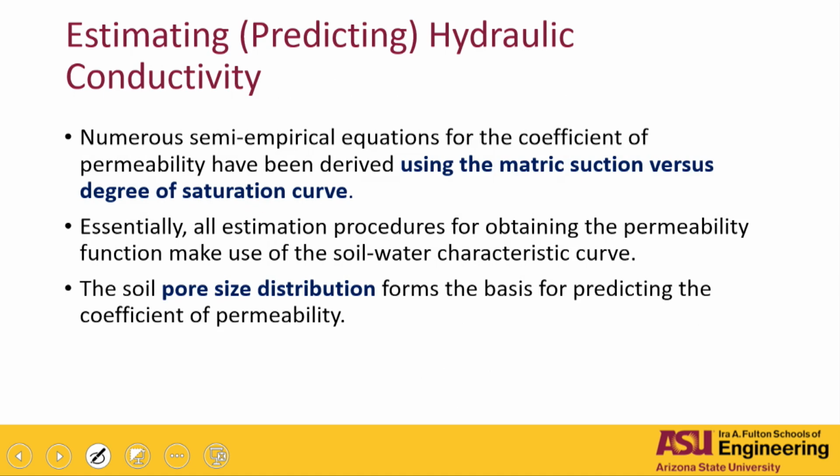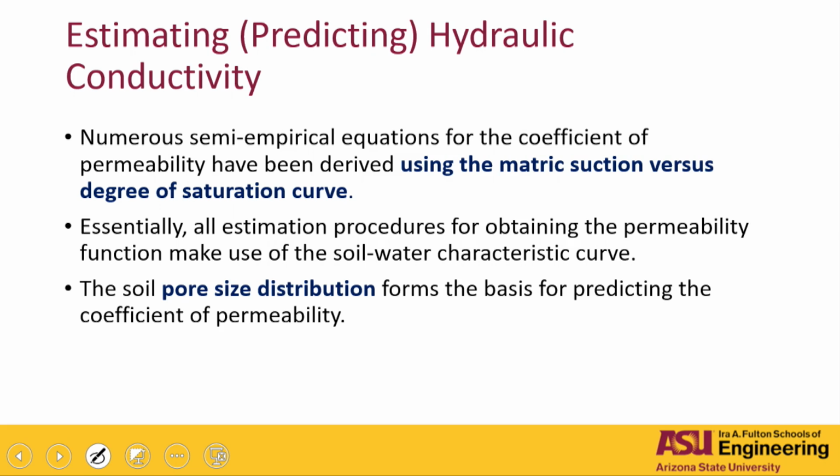All right, so this is one of the methods, but I brought a couple more methods in here for estimating or predicting the hydraulic conductivity function. Those are usually empirical or semi-empirical, derived from the matric suction versus degree of saturation curve, as opposed to matric suction versus volumetric water content, the soil-water characteristic curve, right?